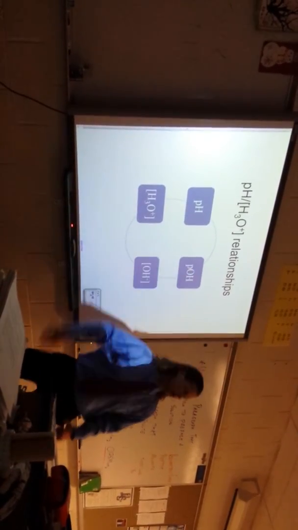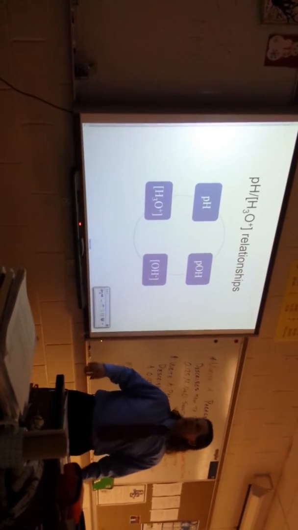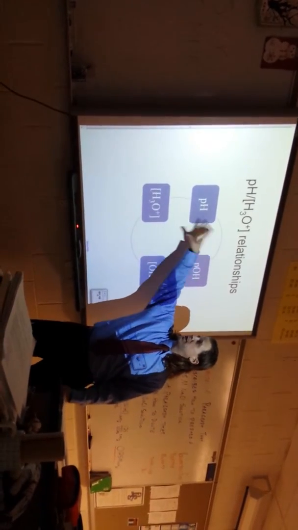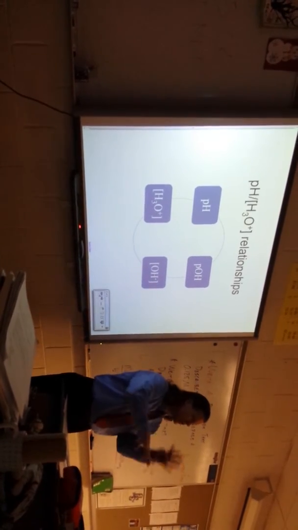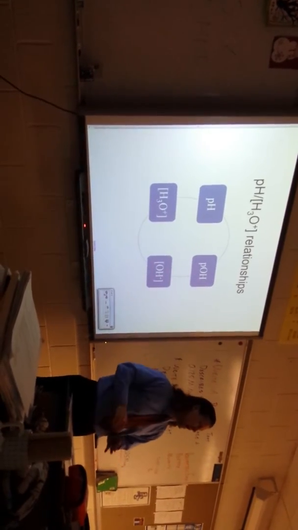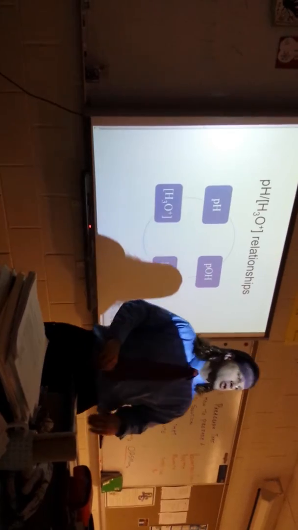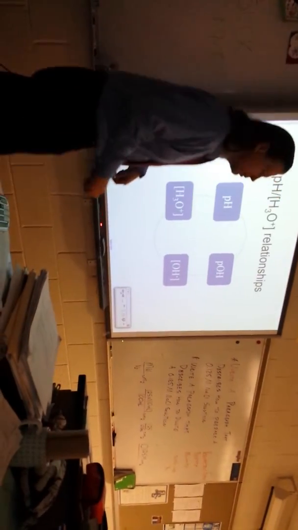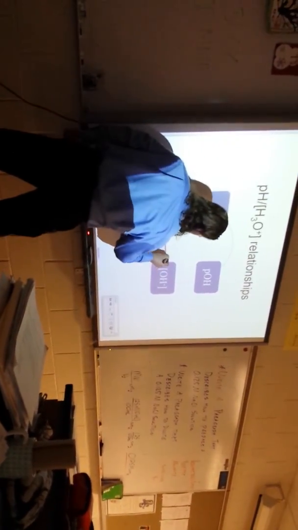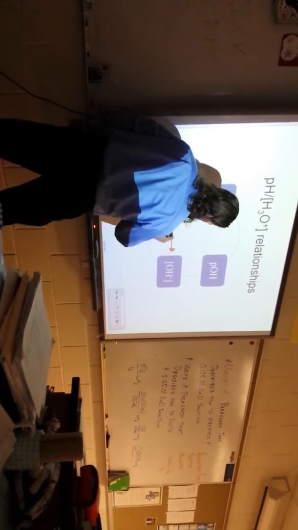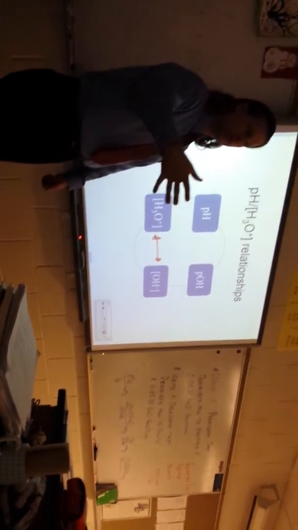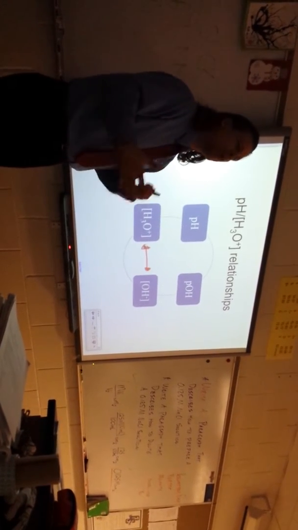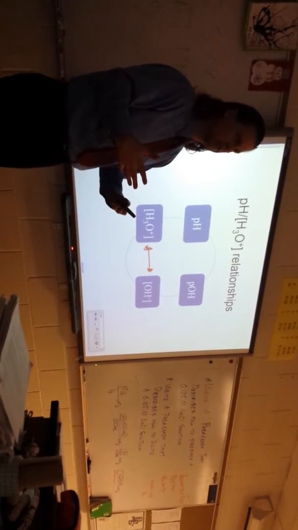Now, this circly thing here. Okay? Note that what I have going on here is the relation is pH, pOH, OH minus, and H3O plus. And there are distinct relationships between each of these boxes. Let's start with the relationship that we talked about yesterday, which had to do with OH minus and H3O plus. What formula did we talk about yesterday that had both of those concentrations in it?